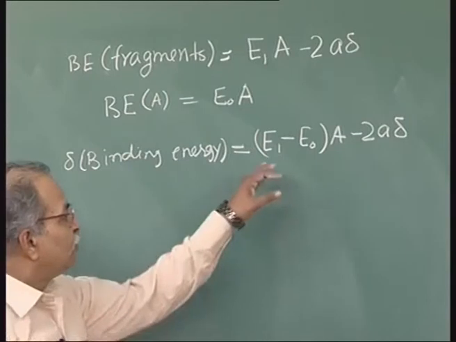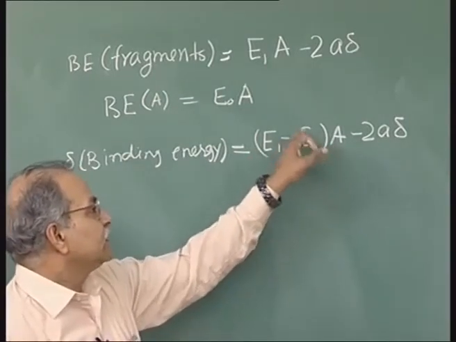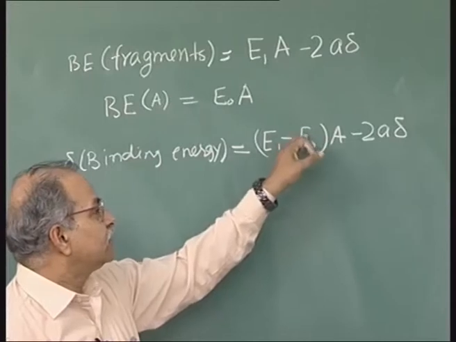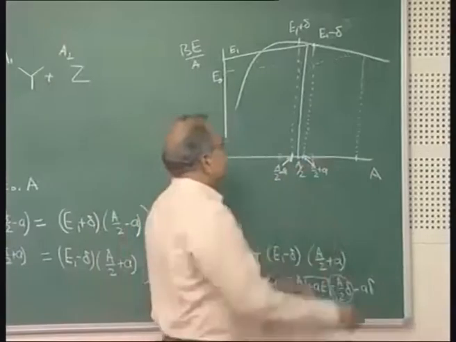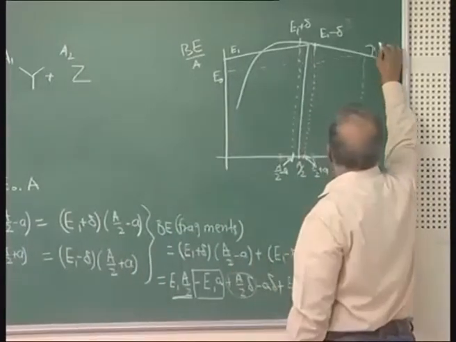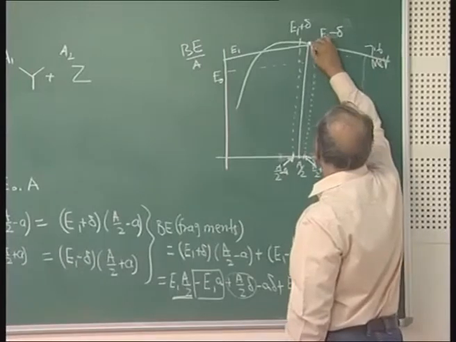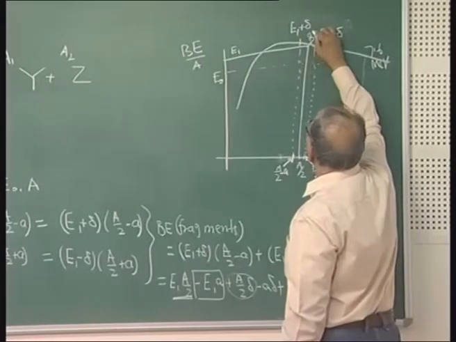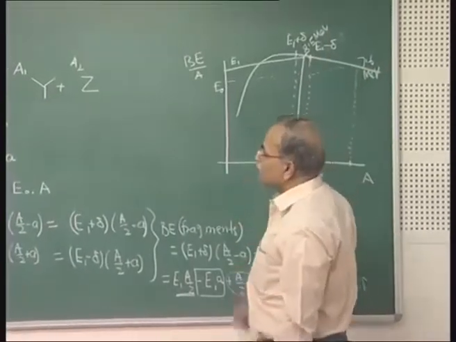And this is what you know in that A equal to 240 region: this E naught is something like 7.6 MeV, and at half the region it is 8.5 MeV. So, that is the difference we had calculated earlier.